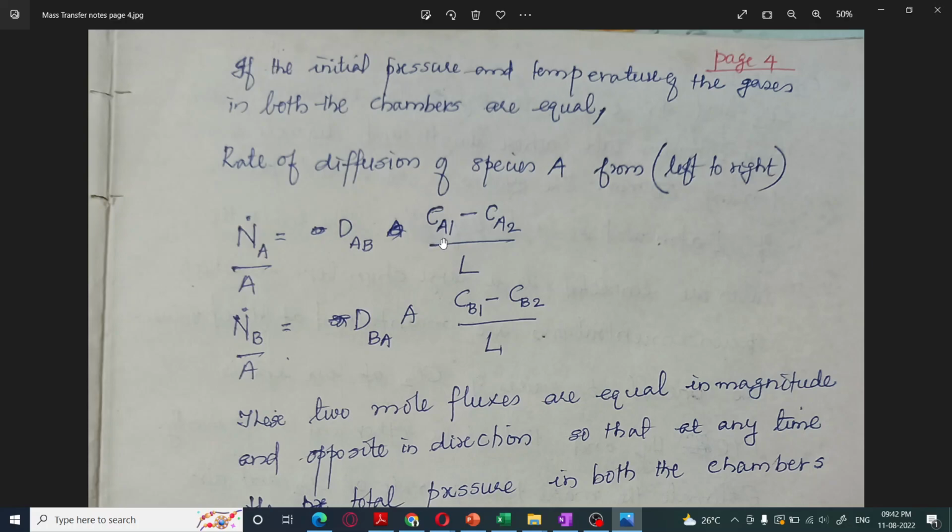Where C_A1 is the concentration at x equal to x1, and C_A2 is the concentration at x equal to x2. L is the length of that passage in between. I'll show you the passage.